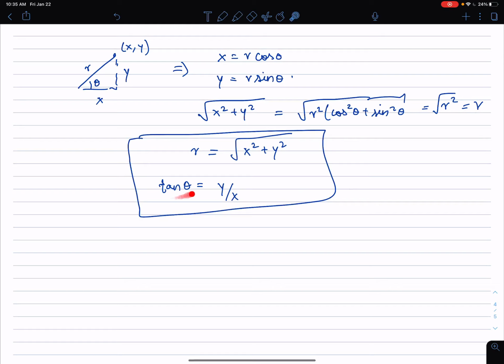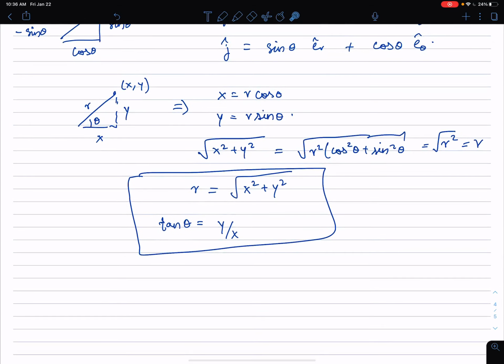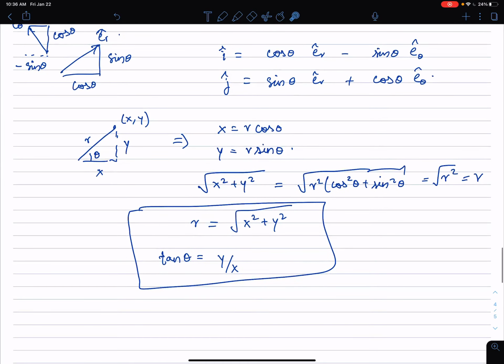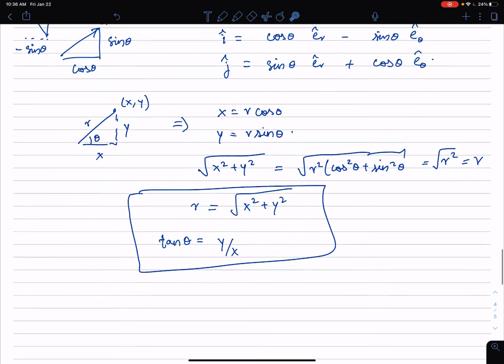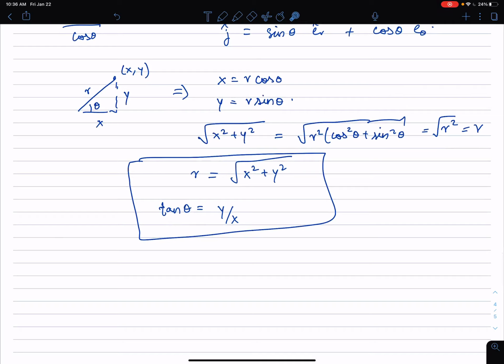Now, of course, tan theta equals y over x, and tan inverse of y over x, that doesn't tell you which quadrant the theta is in. So you can actually look at sine theta and cosine theta and use the values of sine and cosine to determine whether theta is in the first quadrant, second quadrant, third quadrant, or fourth quadrant, right? In the first quadrant, both sine and cosine are positive, etc. So recall trigonometry.